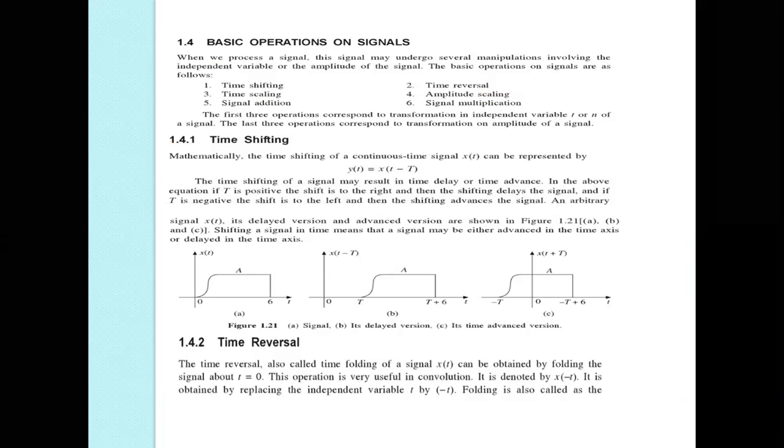In these 6, the first 3 operations correspond to transformation in the independent variable, the t or n of a signal. The last 3 operations correspond to transformation on the amplitude of a signal.